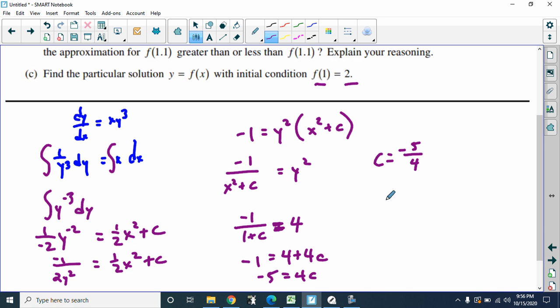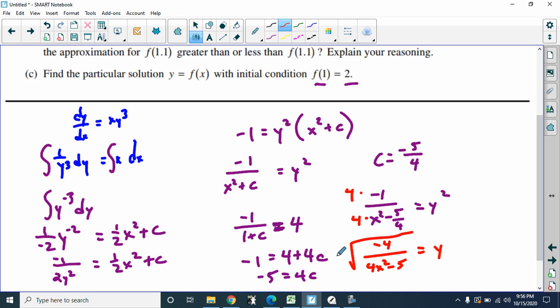So at this point here, we have -1 over x squared minus 5/4 equals y squared. We want to multiply the top and the bottom by 4 to get rid of this fraction on the bottom here. And then square root.